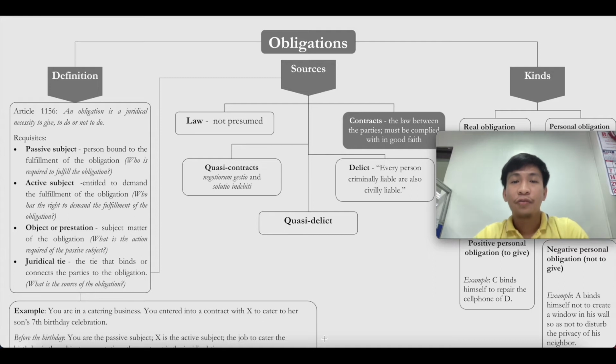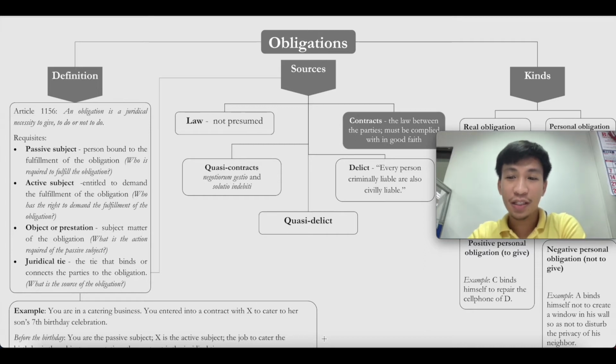Now, for example, I promise to give J my laptop. So again, the obligation is I promise to give J my laptop. Kailan, paano, saan, walang additional instructions. So in that case, my obligation there is to give the laptop to J, di ba?